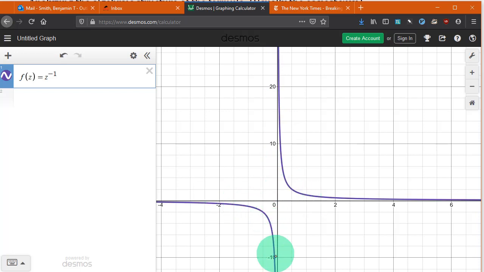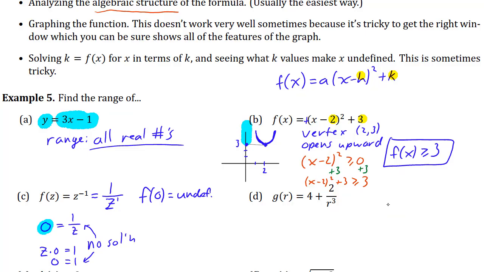All these negative y coordinates here have a point on the graph that goes with them. But there is no point on the graph where the y coordinate is 0. So that means the range of this is everything except 0. So you write f of z is not equal to 0 for that.